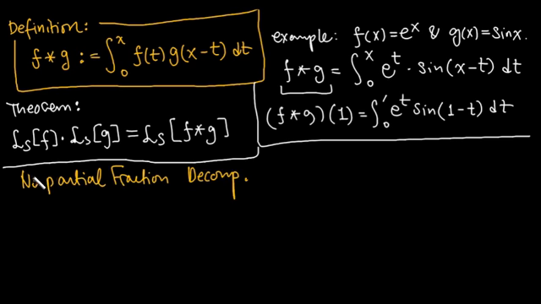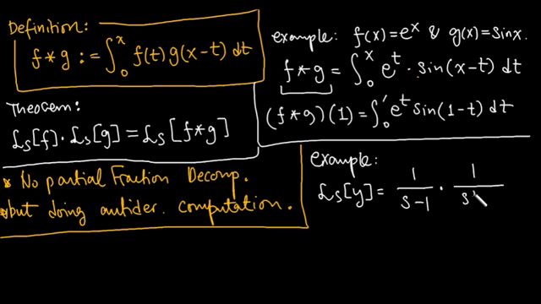Now, I'm going to show you how powerful this method is with an example. If you're looking for a function whose Laplace transform is the product of the Laplace transforms of these two, one coming from 1 over s minus 1 and the other from 1 over s squared plus 1, you would have to think about partial fraction decomposition and then do each part individually. But what this theorem says is that we can write this right-hand side as a product of two Laplace transforms.